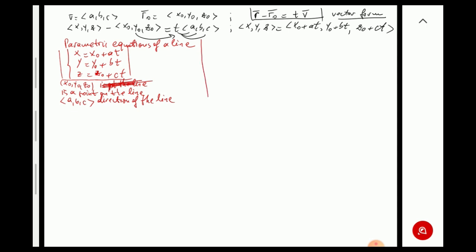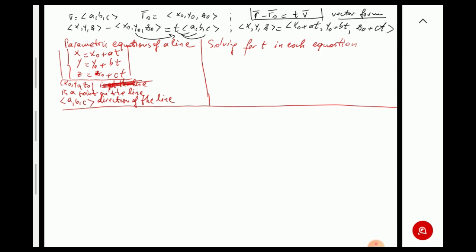And then you may see another form which is also used sometimes. This is essentially solving for t in each equation and setting equal to each other each expression that results from these equalities. This gives you what is called the symmetric form of the equation of a line.